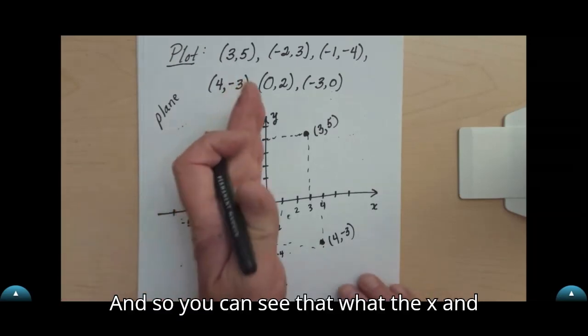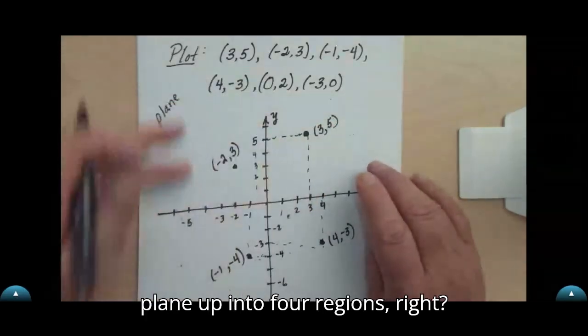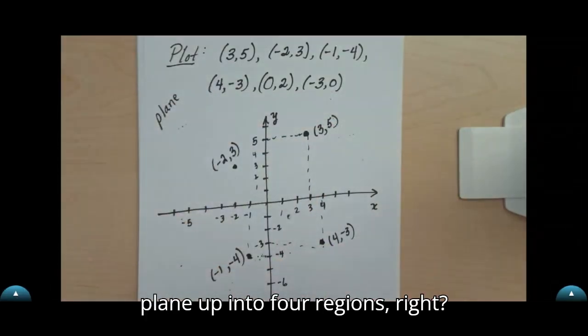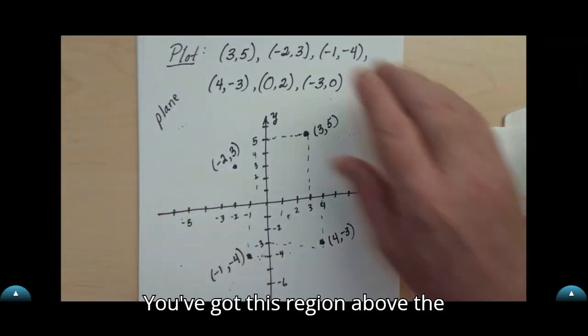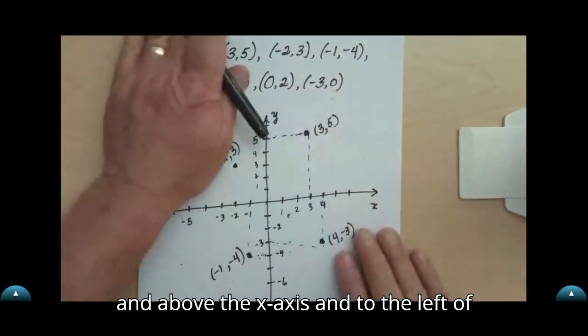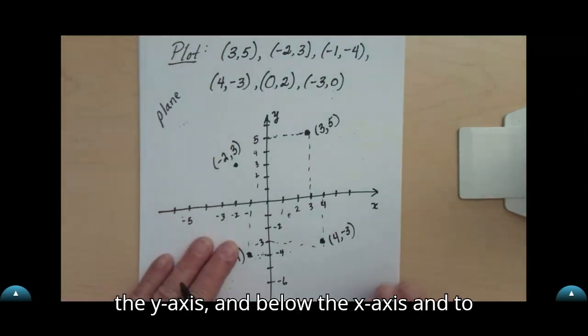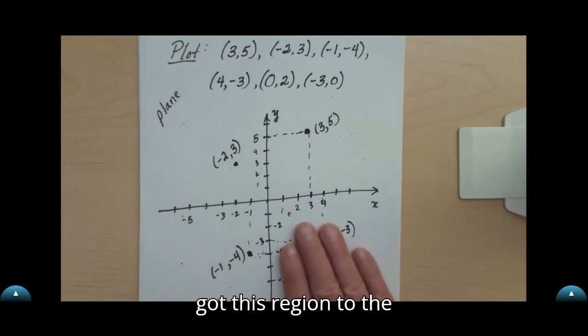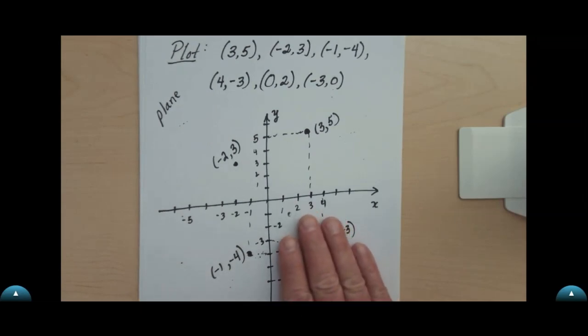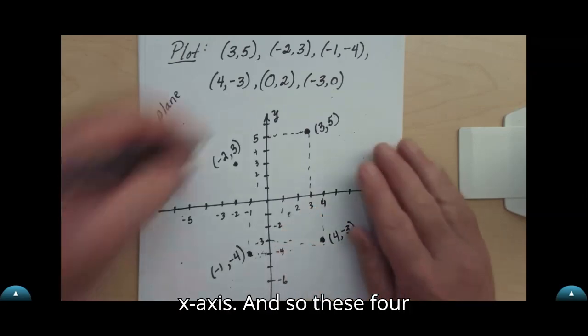And so you can see that what the x and y axes do is they break the plane up into 4 regions, right? You've got this region above the x-axis and to the right of the y-axis, and above the x-axis and to the left of the y-axis, and below the x-axis and to the left of the y-axis. And then you've got this region to the right of the y-axis and below the x-axis.